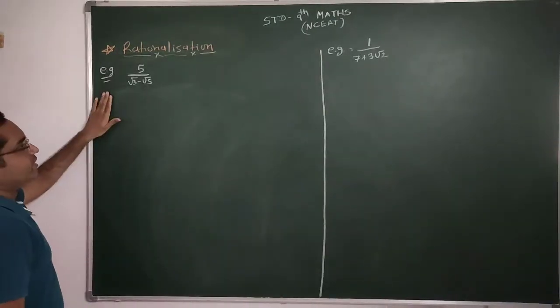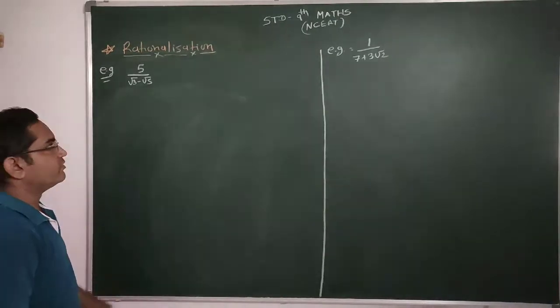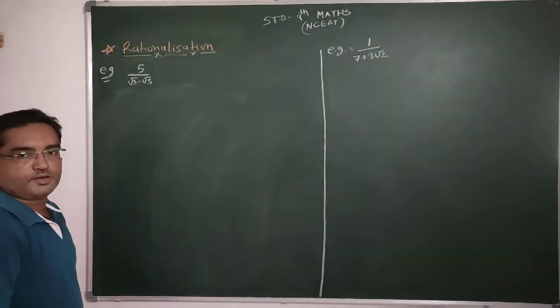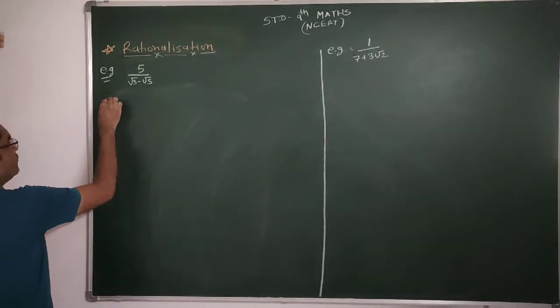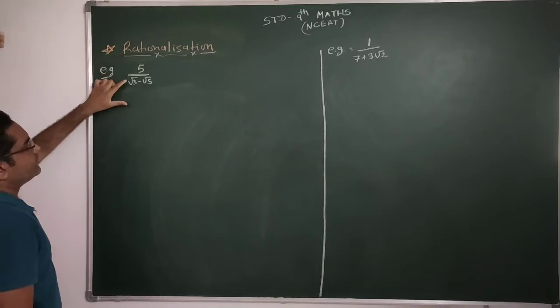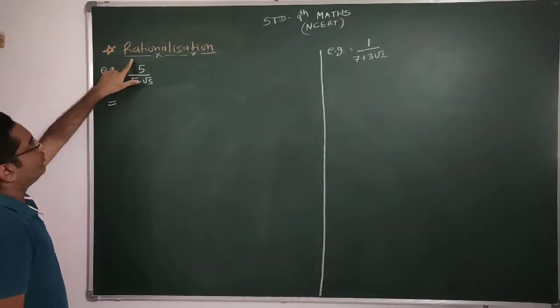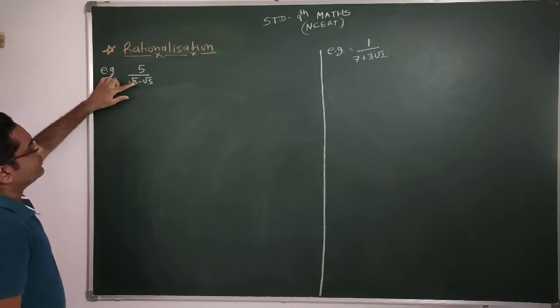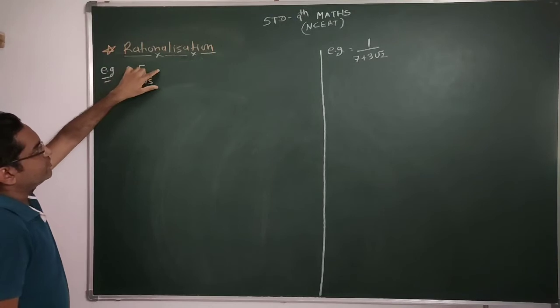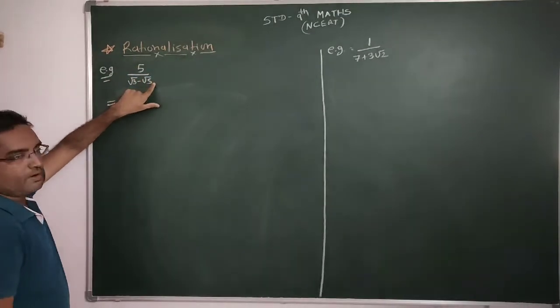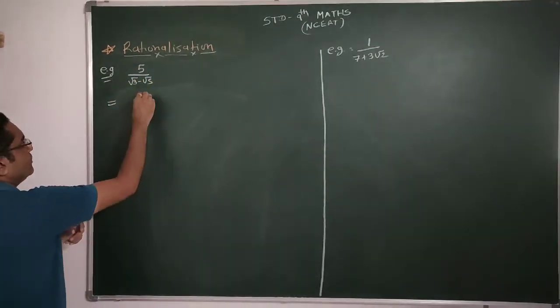For that, consider the first example in which we are given 5 upon root 3 minus root 5. So here a number is given whose denominator is an irrational number. We have to perform rationalization. That means you have to multiply this numerator and denominator with some suitable number to make this denominator a rational number.